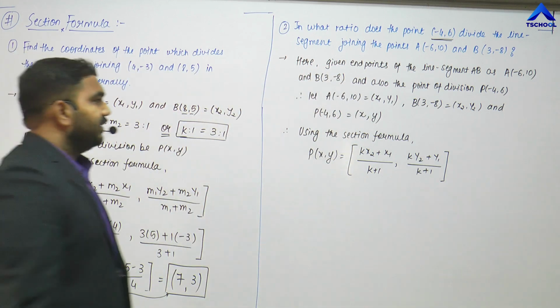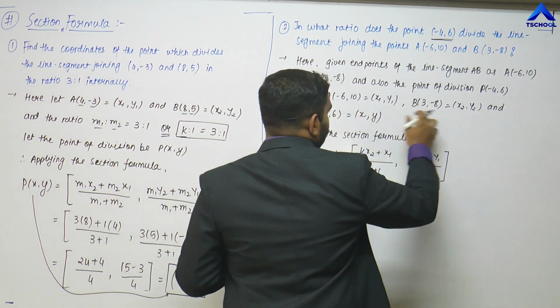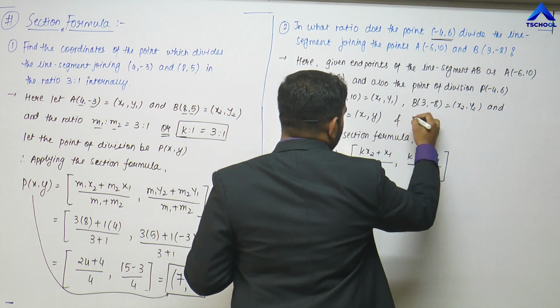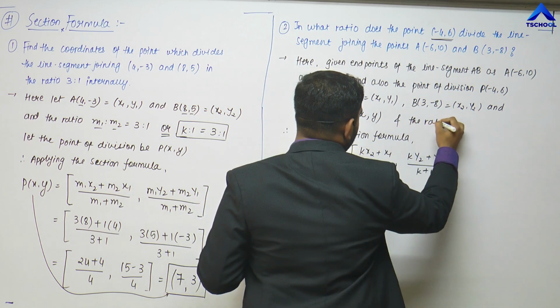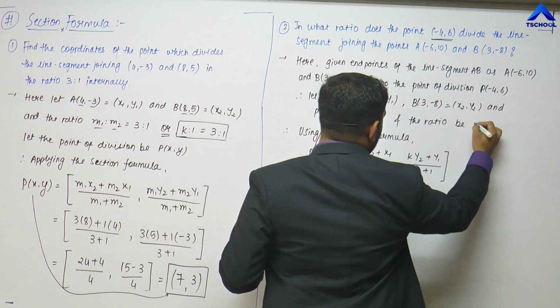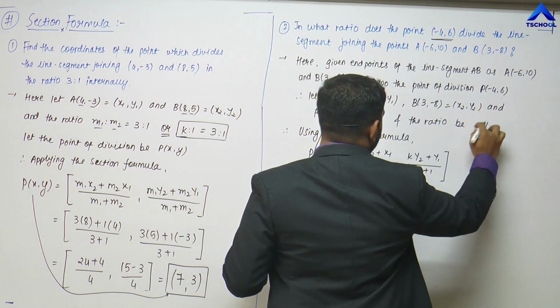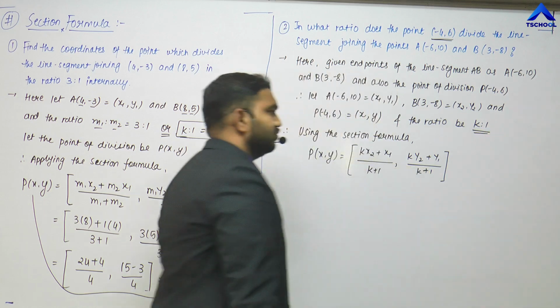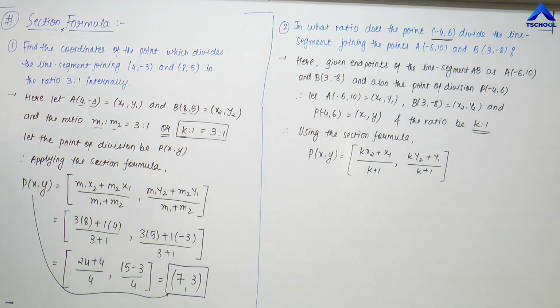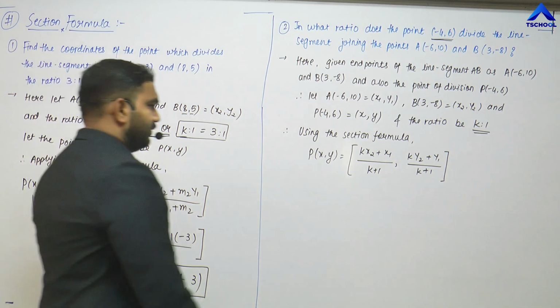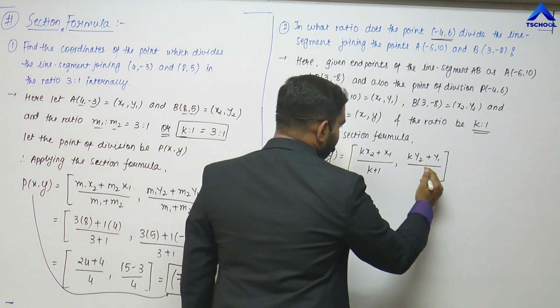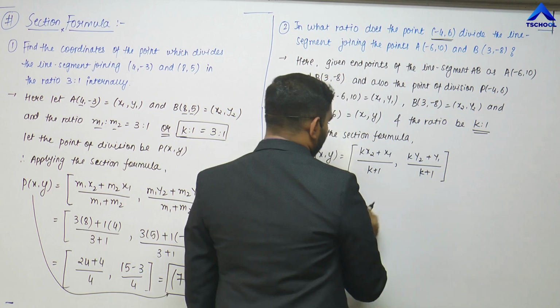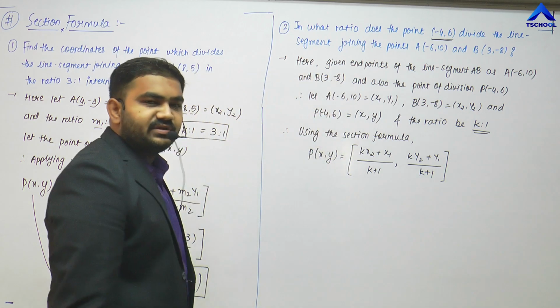Right, let the ratio be k is to 1. Let us write it down that our ratio is k is to 1. So we got the formula as per that k is to 1 ratio. Right, let us put down all the values that are available.